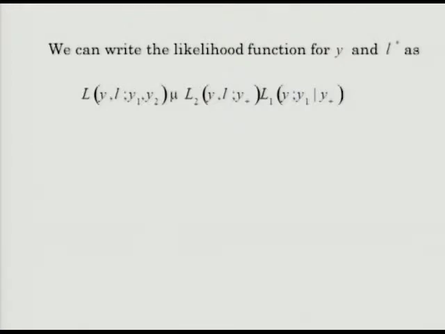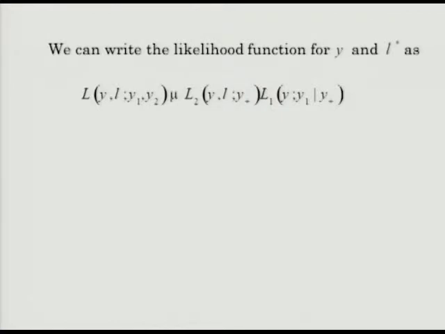But the full likelihood for psi and lambda, given the observed number of successes, is going to be proportional to the marginal likelihood for lambda given the marginal total times the likelihood for psi given y1 conditioned on this total.